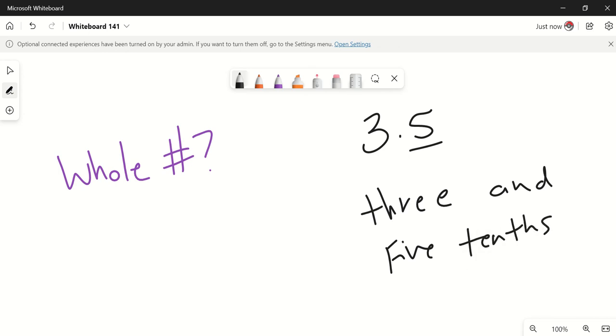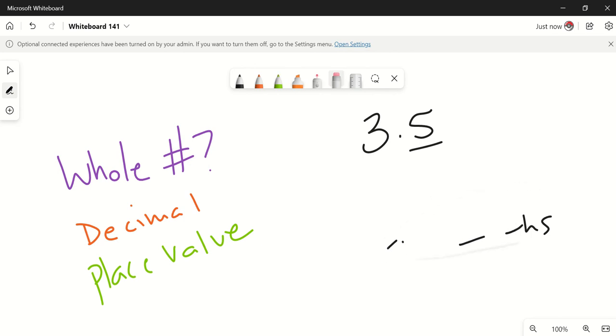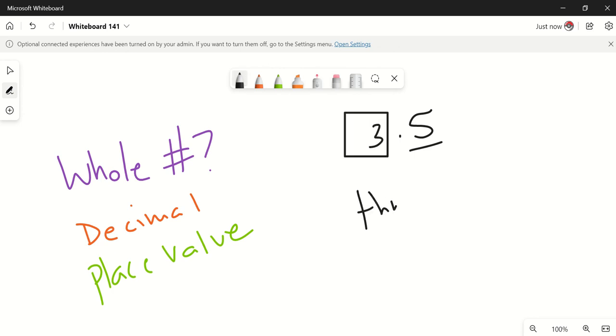So again, we look at the whole number, then we look at the decimal, and then we look at the place value. In this example again, 3 is the whole number. So I'm going to write 3.